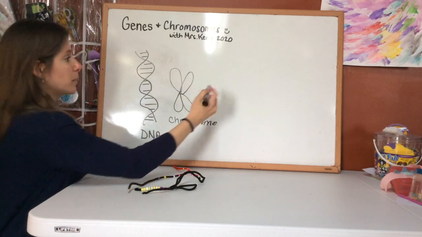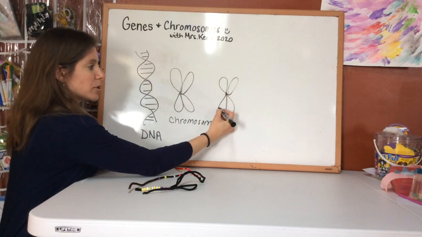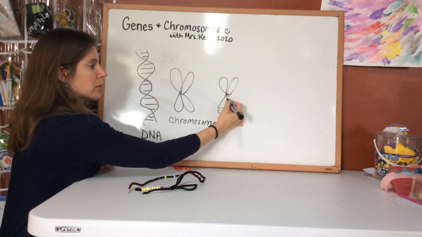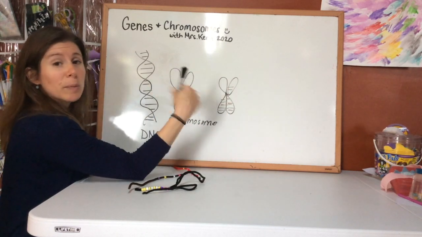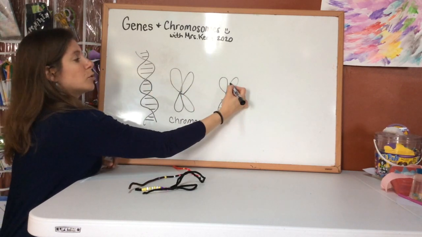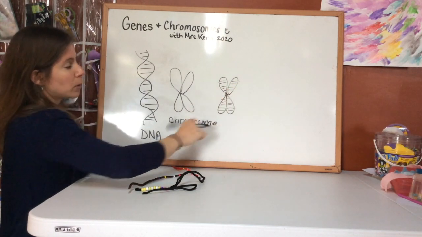So on a chromosome, there are different sections. I want you to think about that. It may help you to pause the video and draw this image for yourself, or to follow along.